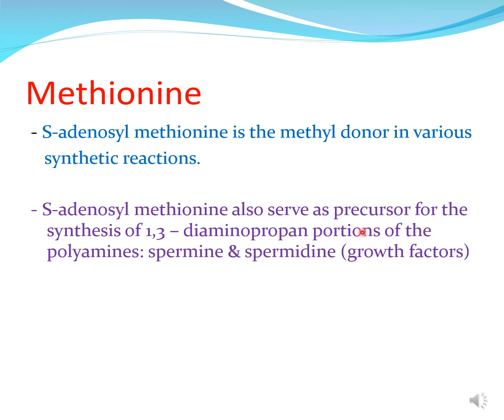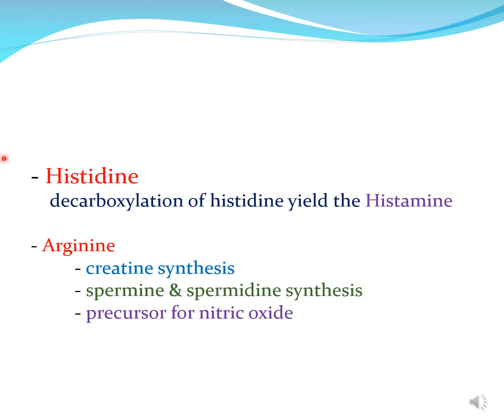S-adenosyl methionine also serves as a precursor for synthesis of spermine and spermidine, very important growth factors. Next is histidine, an important basic amino acid. By decarboxylation, it is converted into histamine, an important reactive substance, important for allergy, and also considered a neurotransmitter.